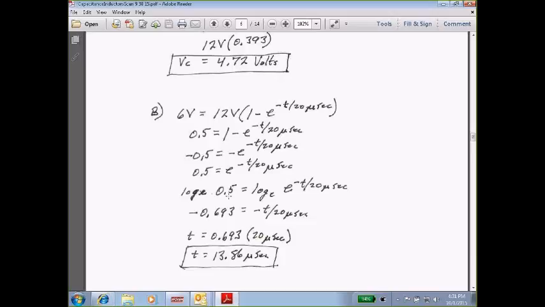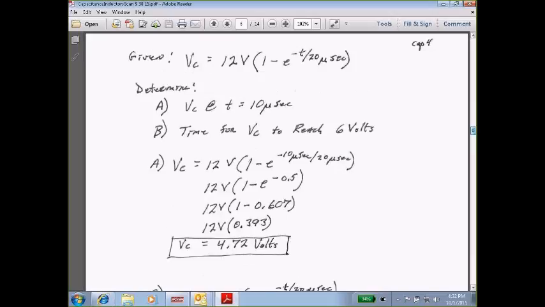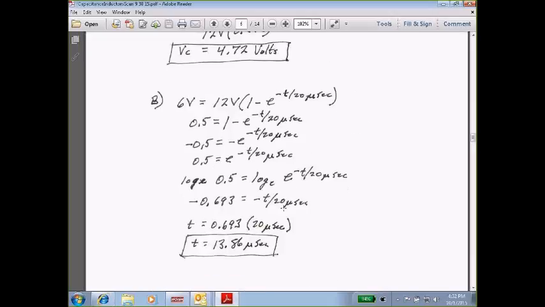Depending on how your calculator's set up, you probably have to use the LN, the natural log, of 0.5 is equal to the natural log of e raised to minus t over 20. And I come up with negative 0.693 is equal to minus t over 20. Then from that we solve for t, and we come up with 13.86 microseconds. That is the length of time it would take for the voltage across the cap to reach 6 volts.